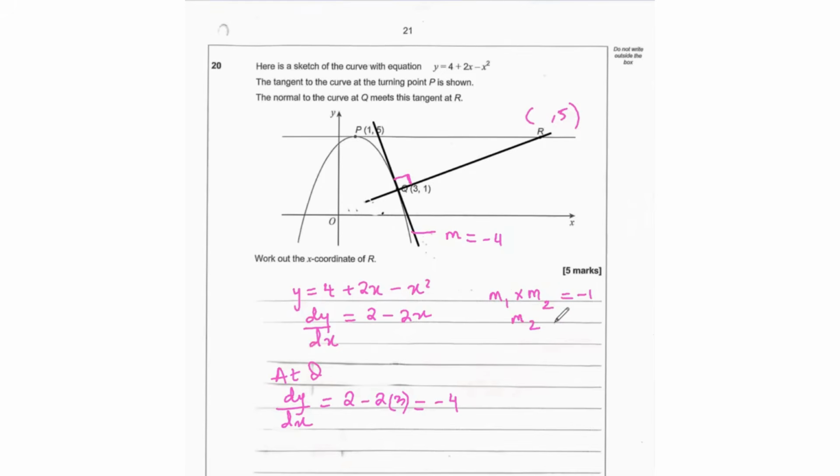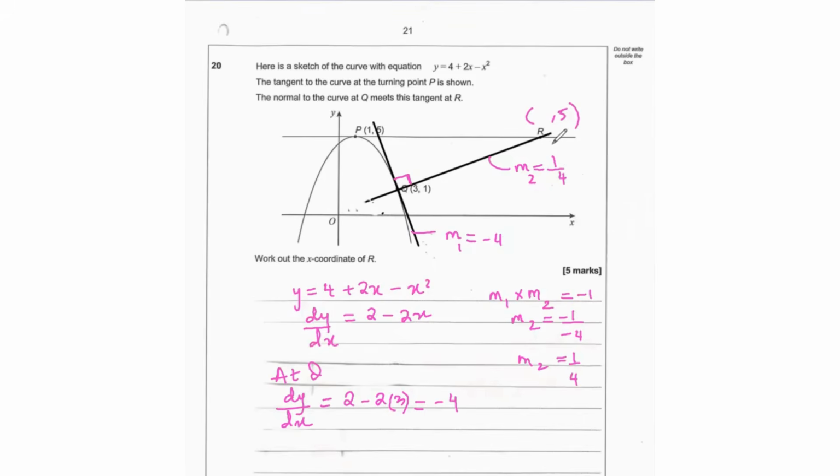So m2 is negative 1 divided by negative 4, which is positive 1 over 4. This is m1, this is m2.